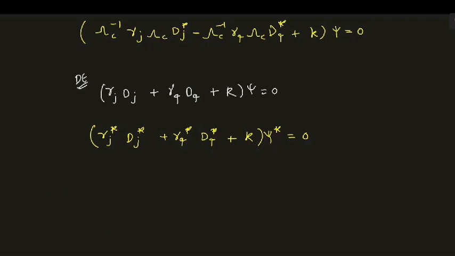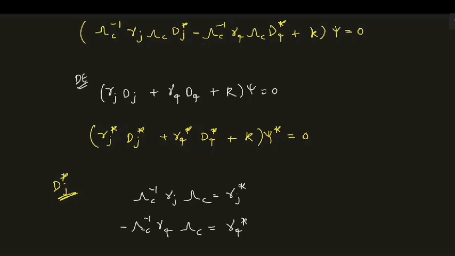The first thing is you have is dj star. So let's compare the coefficient of dj star. You will see here you have this thing which is equals to lambda c inverse gamma j lambda c is equals to gamma j star, and then for d4 the coefficient is minus of lambda c inverse gamma 4 lambda c is equals to gamma 4 star.